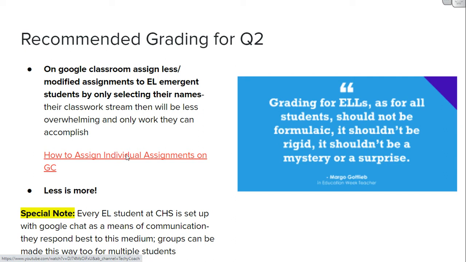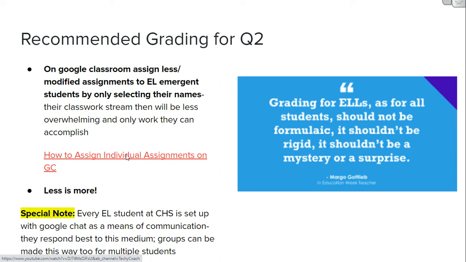This way you could actually set up all the emergent students in your class. You could just give them a group of assignments and just have them do that. Now, second thing, as we're going into quarter two, especially right now during our coronavirus pandemic teaching environment, less is more.